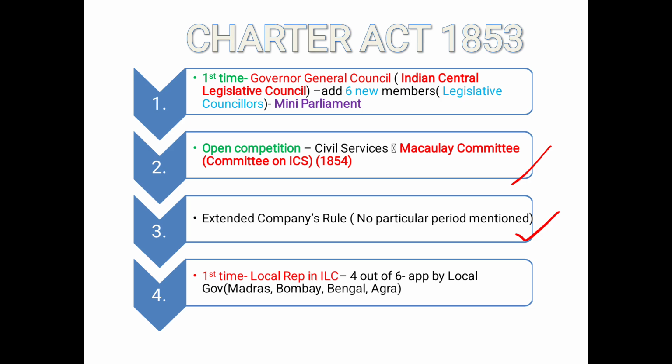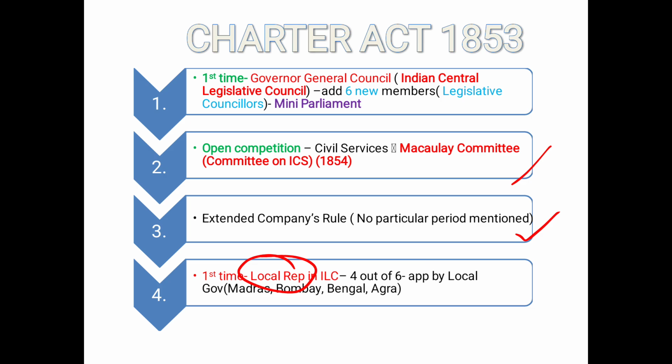For the very first time, there was local representation in the ILC, the Indian Legislative Council. Before this act, all the members in the houses were only Britishers. But for the very first time, local people joined the Indian Legislative Council.